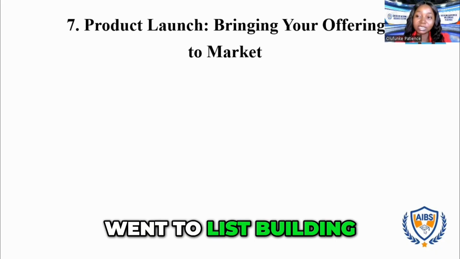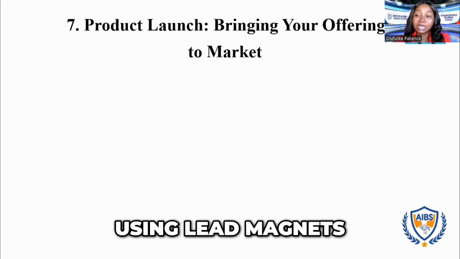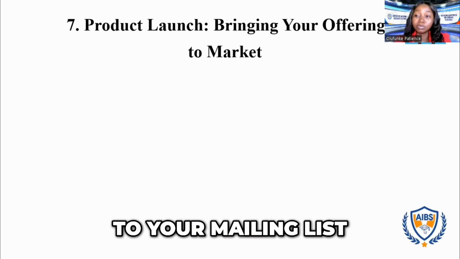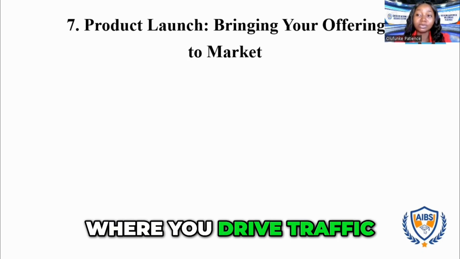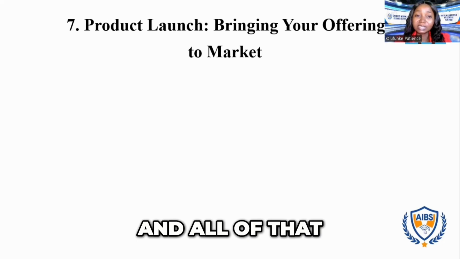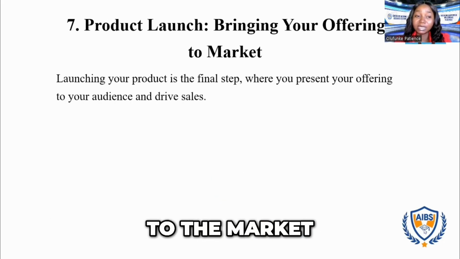And then you went to list building, where you can use lead magnets to build a list and get people to opt into your mailing list. Then you went into traffic generation, where you drive traffic to your offers, to your page, to your sales, and all of that. Now it's time to launch your products, bringing the offering to the market.